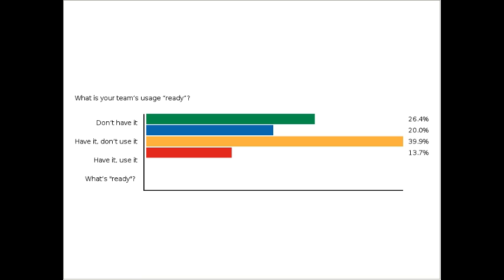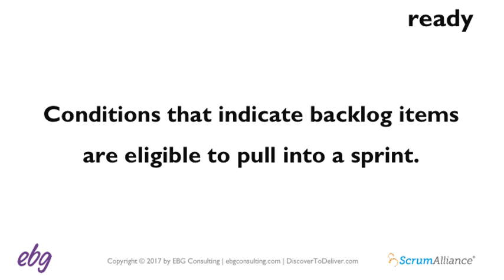Whereas done is about the state of things that you complete coming out of a sprint, ready are the conditions of your backlog items to be eligible to be pulled into the sprint. So having ready items is basically the outcome of the ongoing backlog refinement work that we do.